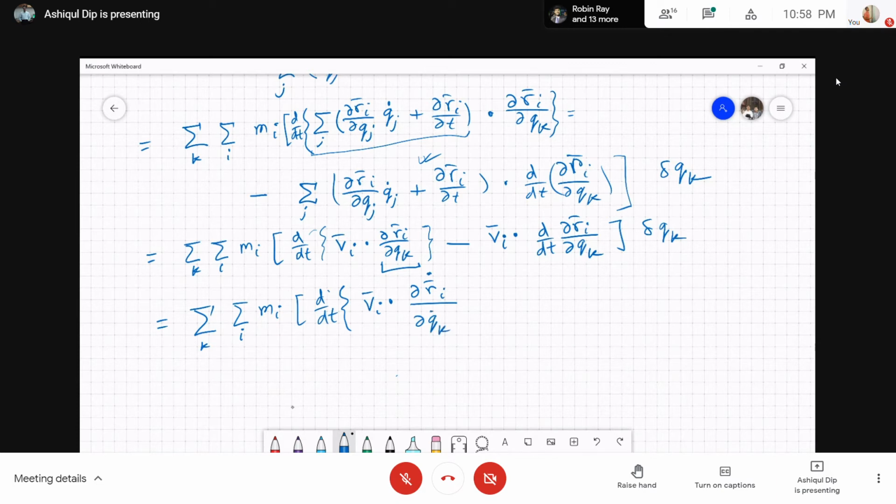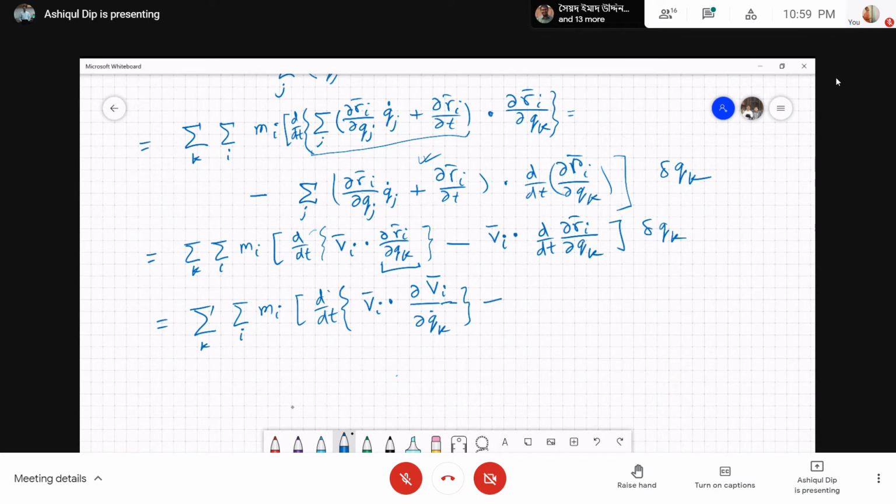And what is r_i dot? It is nothing but v_i, so we can replace it by this thing. It has started to look nice already.